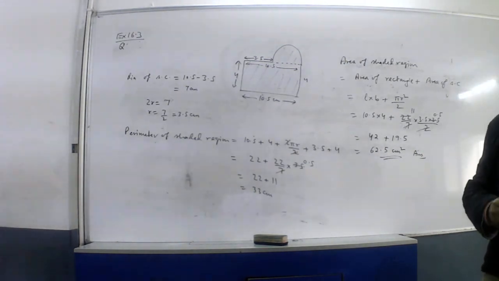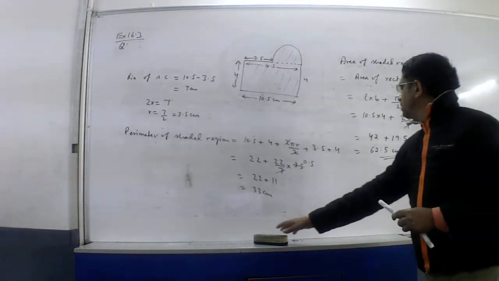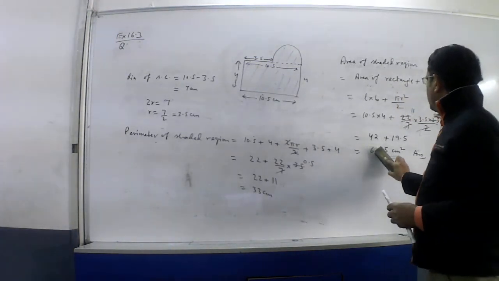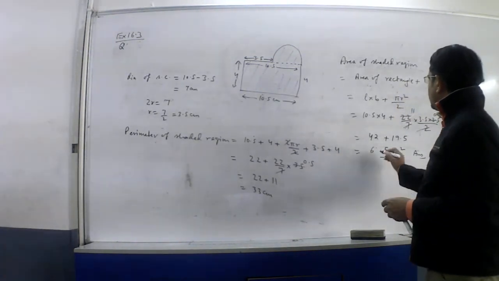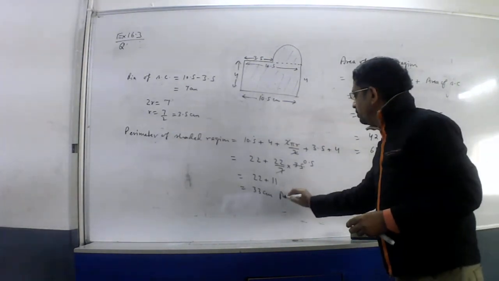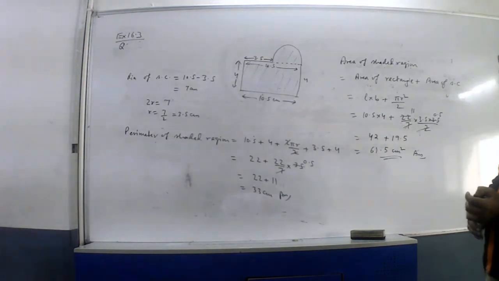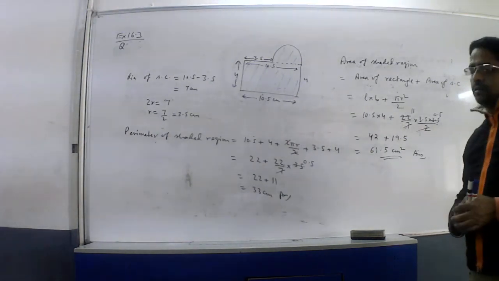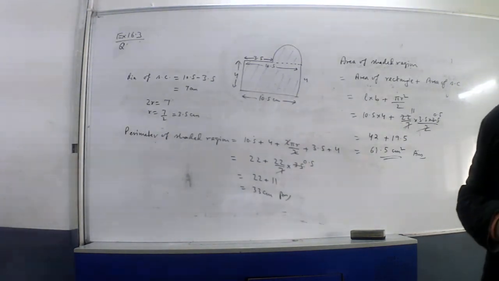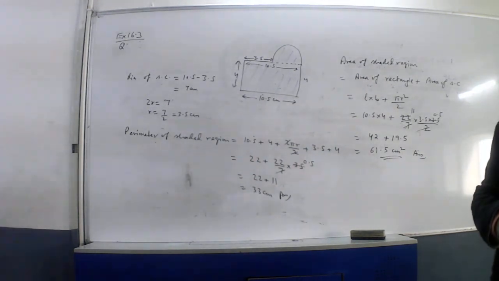So this way you get the area of the shaded region and 33 centimeter you get the perimeter of the shaded region. Now, so whenever you get such figures which are a combination of some figures, you'll have to calculate like this.